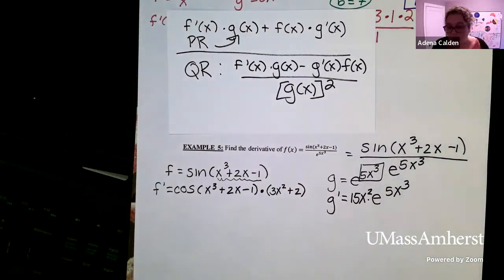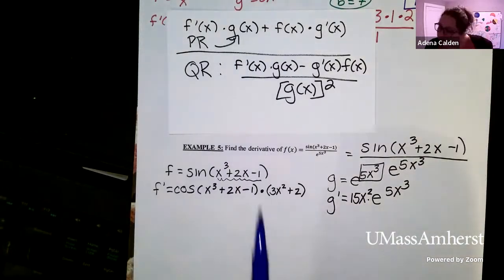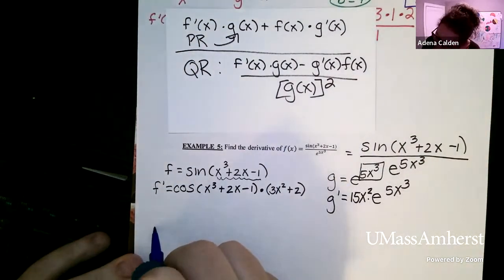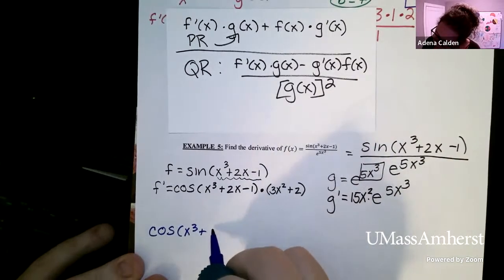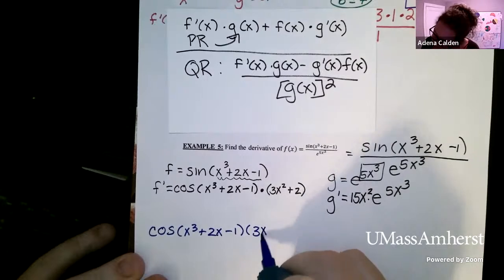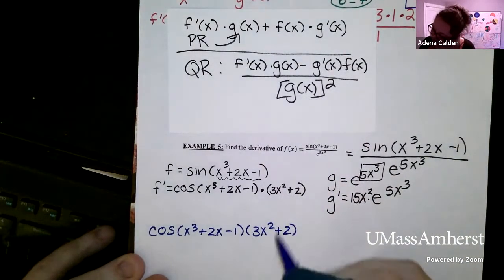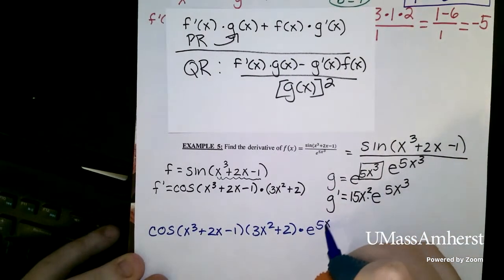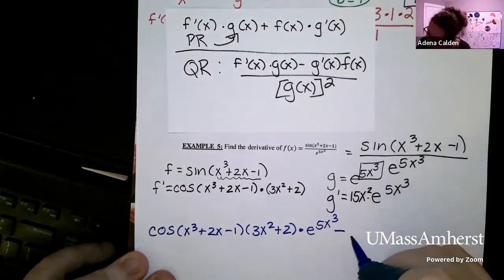And now we're going to put them all together very carefully into the quotient rule. So we have f prime times g. So I start with my f prime term. So I have cosine of (x cubed plus 2x minus 1) times (3x squared plus 2). That's my f prime times g. So times e to the 5x cubed, minus g prime.